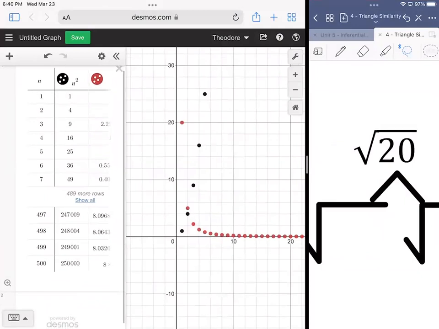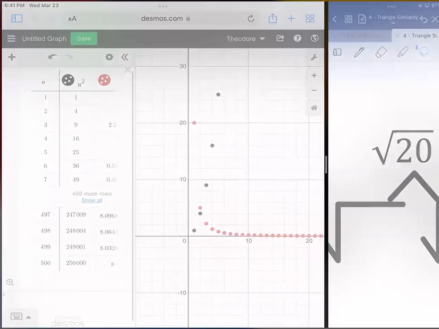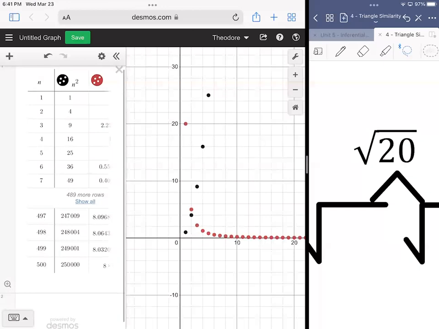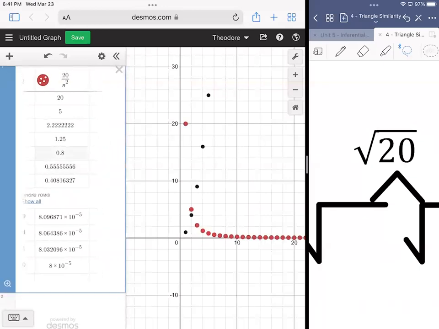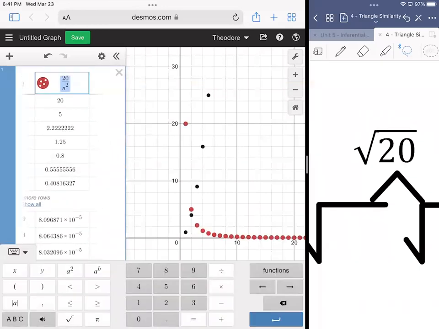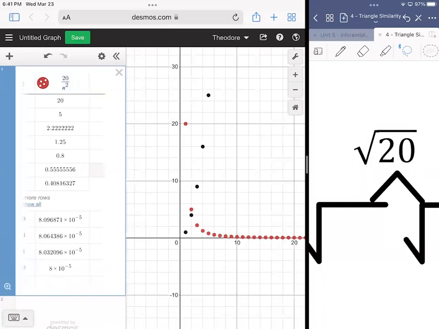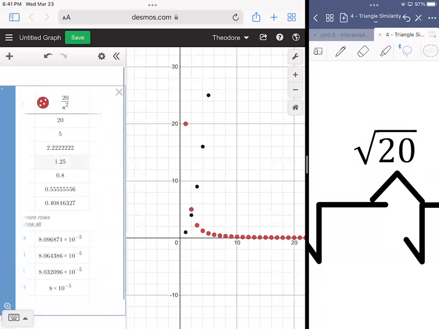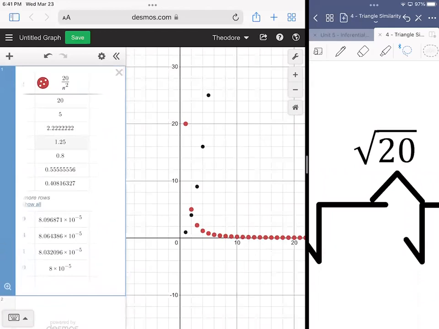I'm trying to do this without going full screen. I might have to. The touchscreen aspect of this is not ideal. But anyway, these are all the values that you would get if you took 20 and divided it by the values in the n squared column.